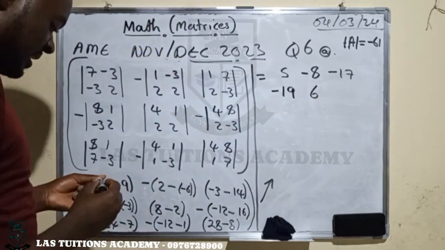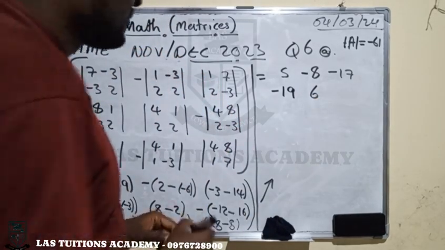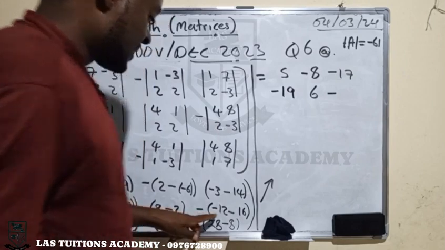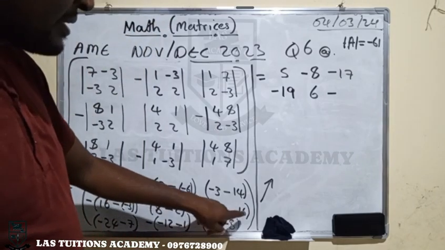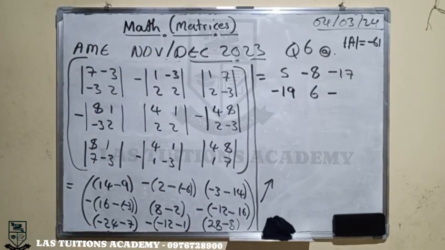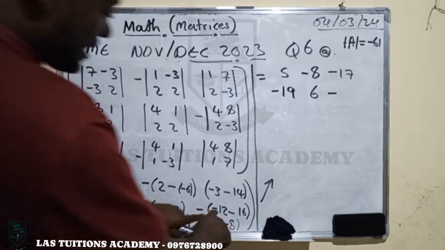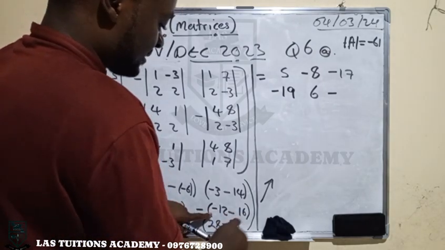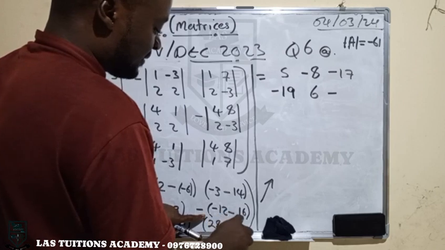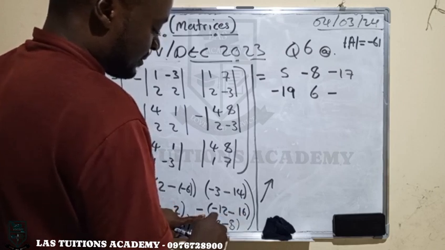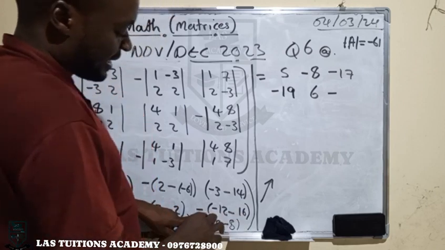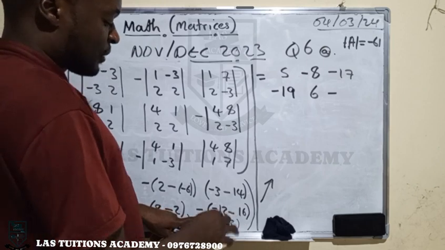Then there's a negative outside here. So I'm saying negative 12 minus 16. So this would be negative 28, because we are going towards the negative 12 steps. Again, we are going towards the negative again 16.